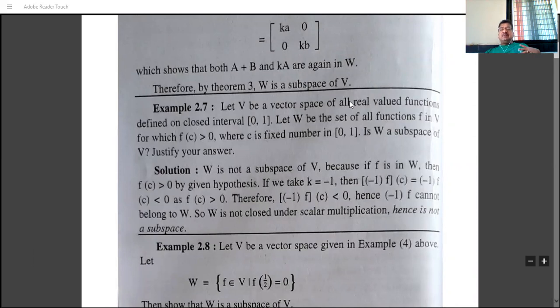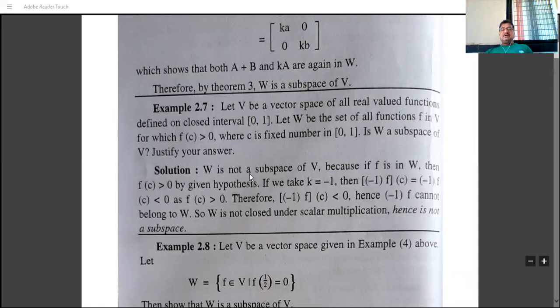So this is the set W of functions for which the image of c is greater than 0. The question is, is W a subspace of V?